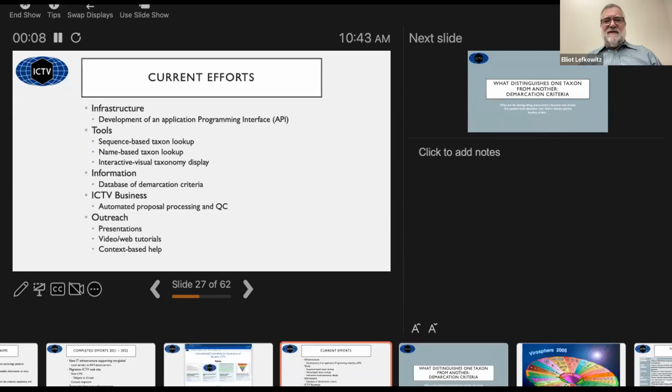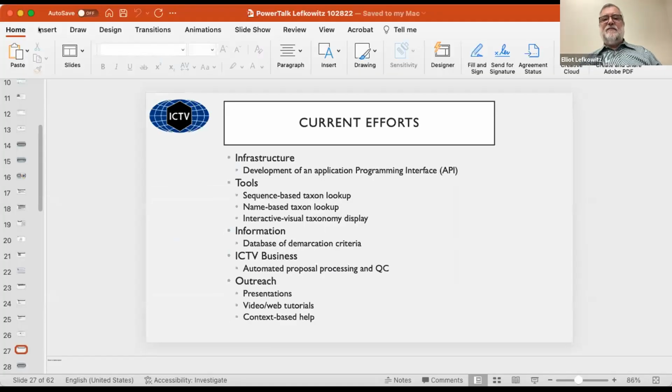That's what happens when I messed up how I got it set up originally. When you click on use slideshow, you should get the slide. Let's do this.